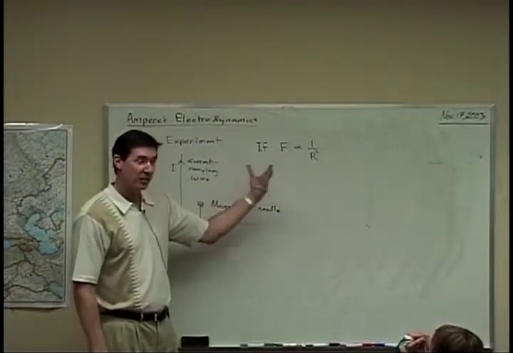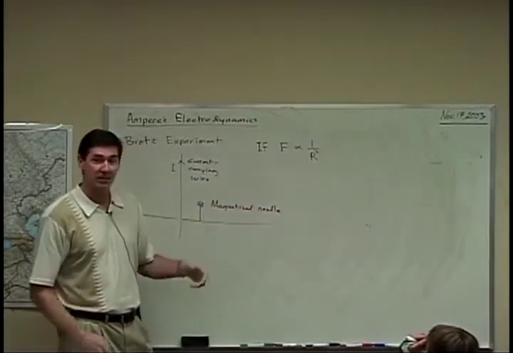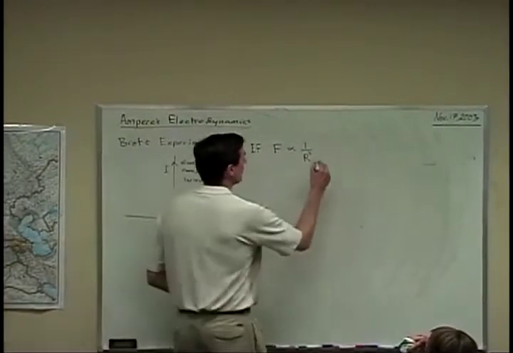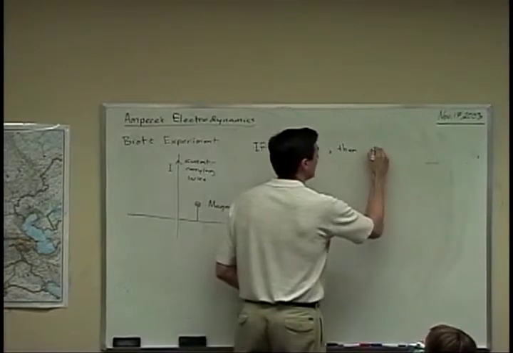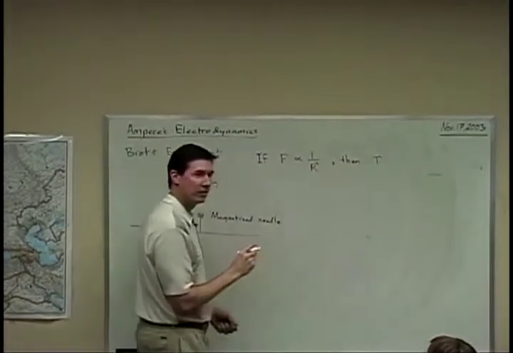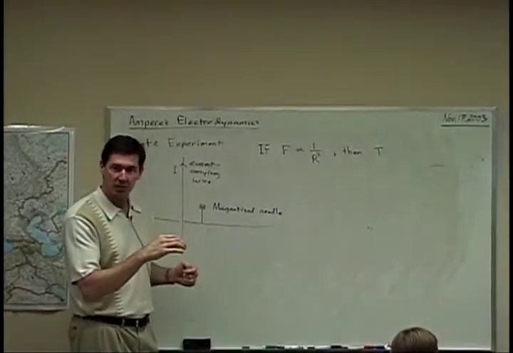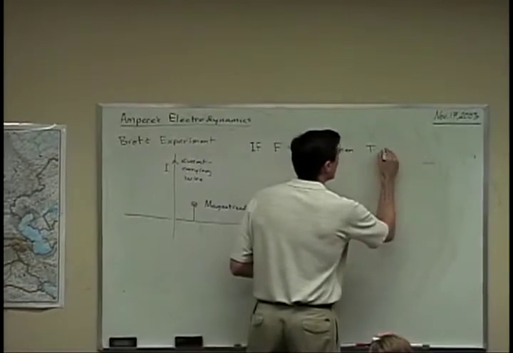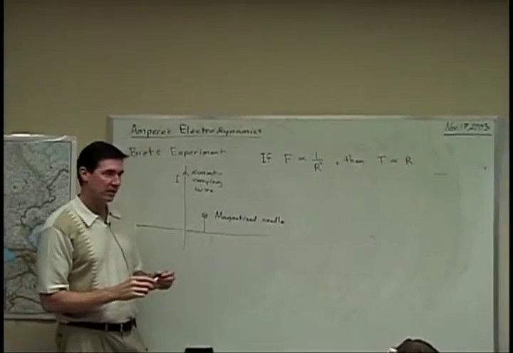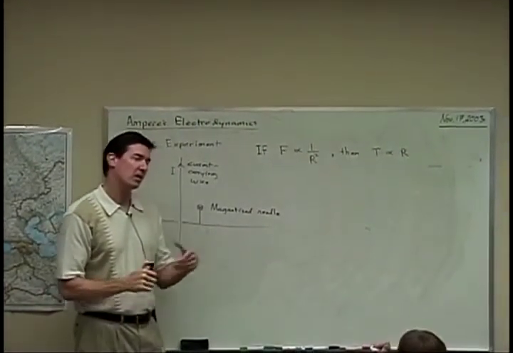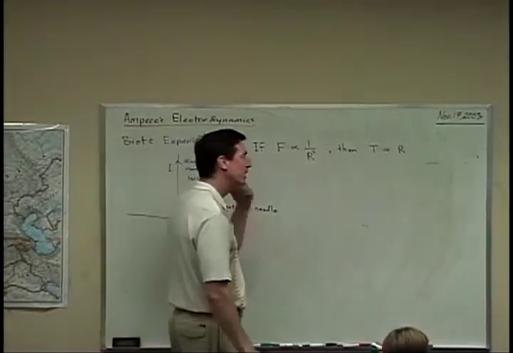Okay? If we had that kind of inverse square law force, like gravity is or like electrostatics is, Coulomb showed that the period of a pendulum swinging under the influence of that force would be proportional to R. You can look back at your notes for that argument, but we went through that when we covered Coulomb.